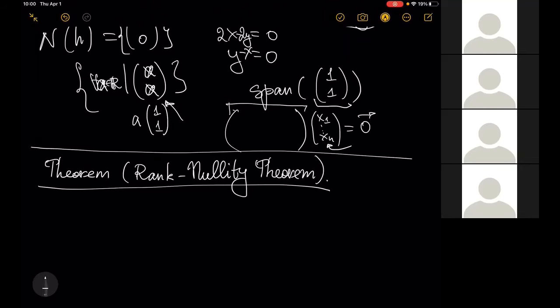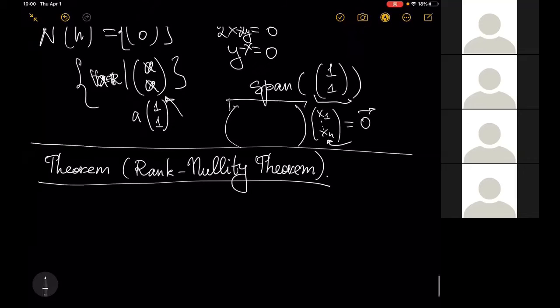But the space of solutions of the homogeneous equation is nothing else but the null space of this linear transformation. So when I asked you to find the dimension of the space of solutions, I was asking you to find the nullity of this linear transformation.